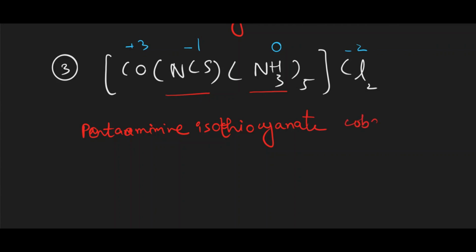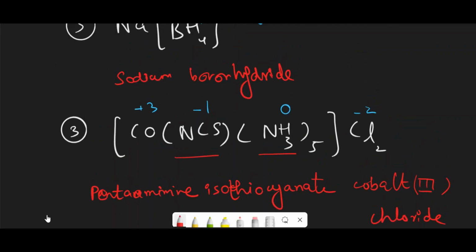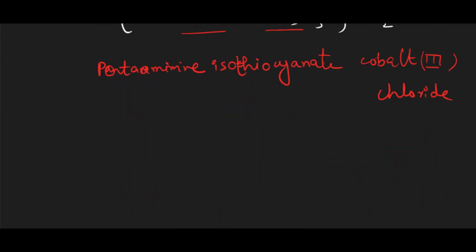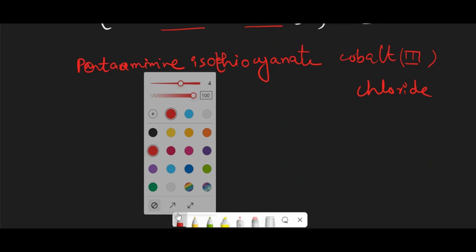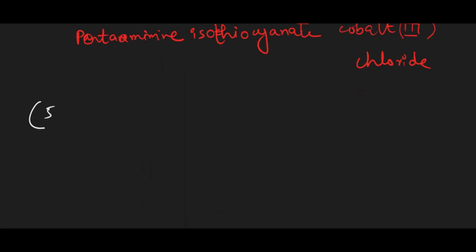Cobalt, it shows +3, so we have to write 3 in the brackets and chloride at last in the end. Now we come towards our fifth complex. It was the fourth one, and now we'll be writing the name of the fifth complex. The fifth one is very easy.